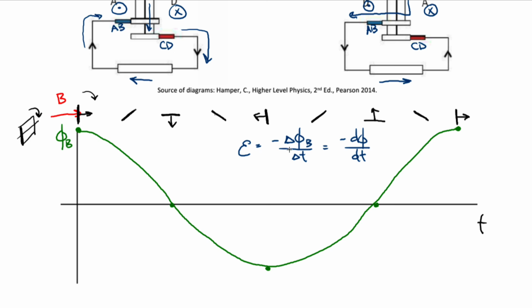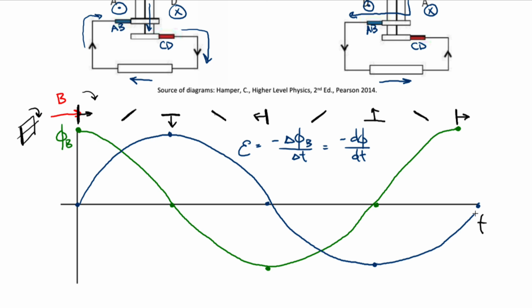So again, if you know calculus, you might know that the derivative of a cosine graph is a negative sine graph, but with this negative here, a negative of a negative is a positive. So that would tell us that the EMF graph should look like a sine graph. So here is our EMF graph as a function of time, graphed over top. And I'm drawing them here as if they have the same amplitude, but they don't necessarily have the same amplitude. I'm just doing that for convenience.